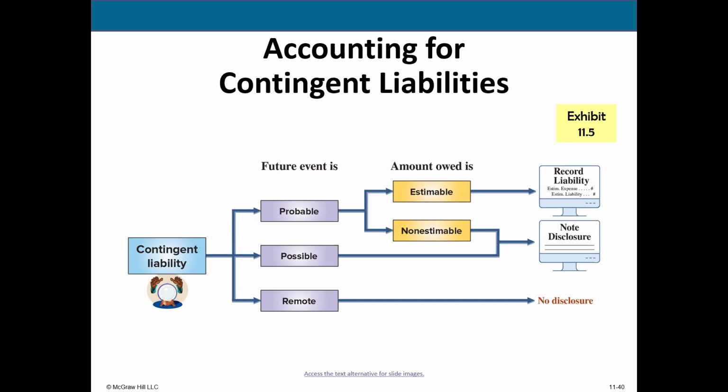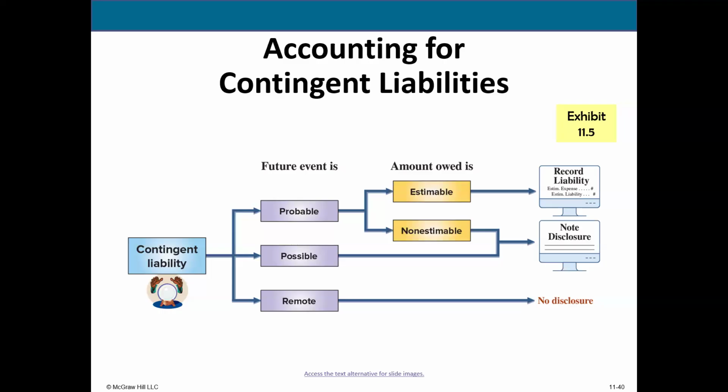If it's probable, but we think that it's something that we cannot estimate, then we just disclose it. If there's a slight possibility of something happening, like a lawsuit, that's a very low chance but it's possible, we just disclose it in the financial statements as a note.